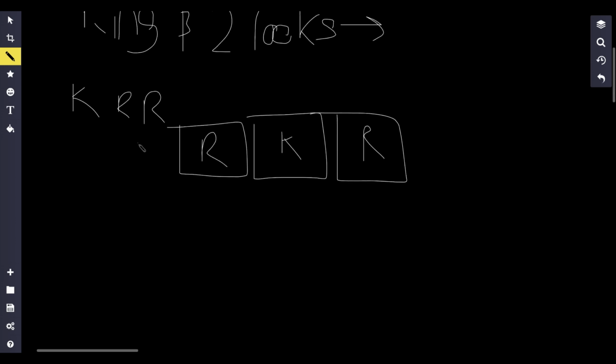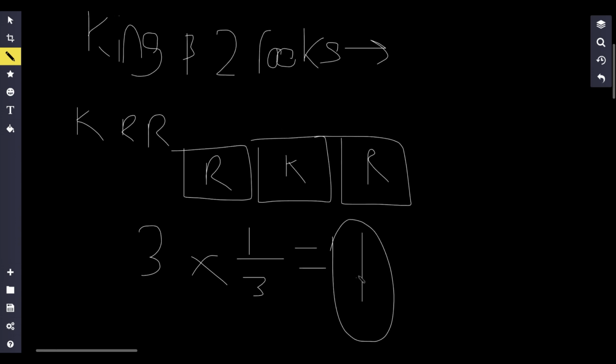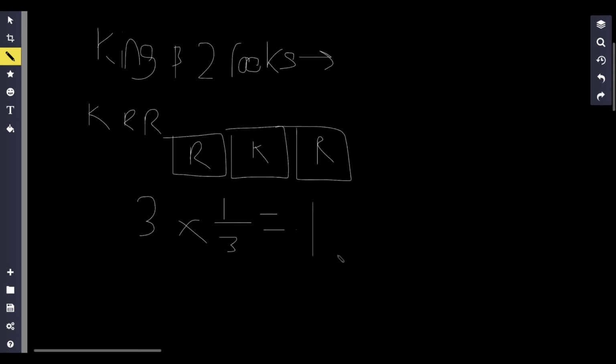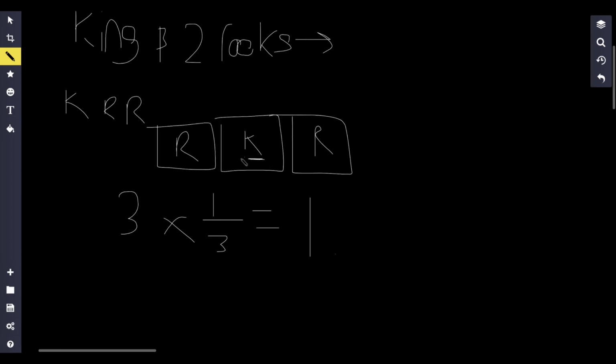So notice how there were 3 arrangements in total, and only 1/3 of these arrangements worked in order for the king to be in between the 2 rooks. So that's the formula to find out the amount of ways the king can fit in between the 2 rooks, right?